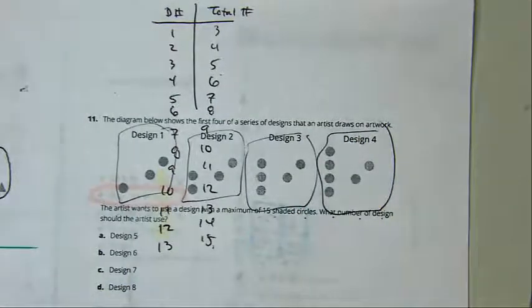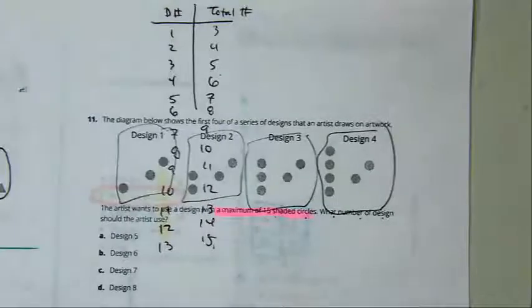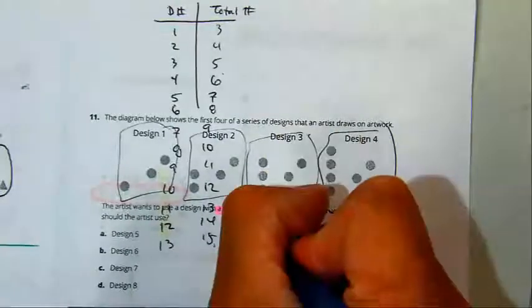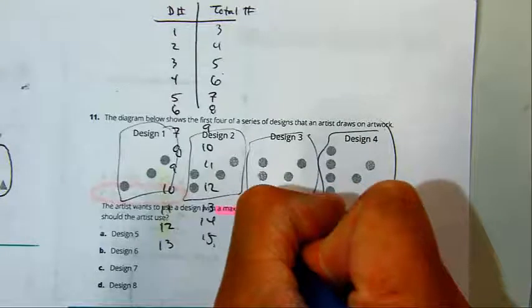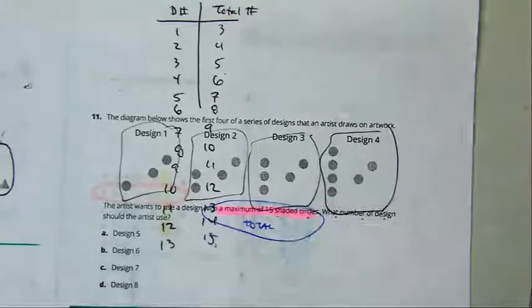I was talking with a student, I think they didn't do a good job. It would be better if they added this word here, a total maximum of 15 shaded circles. What does that mean? I think what they were trying to say is if you add them.